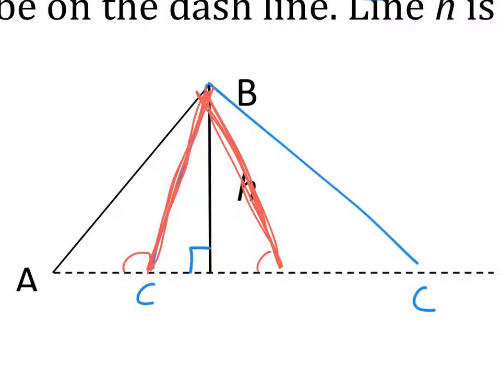Can you see that? I can create one triangle here that looks very thin, and then another triangle here. They both share the same A, the same AB side, and the same BC side, but they look very different. You got it?